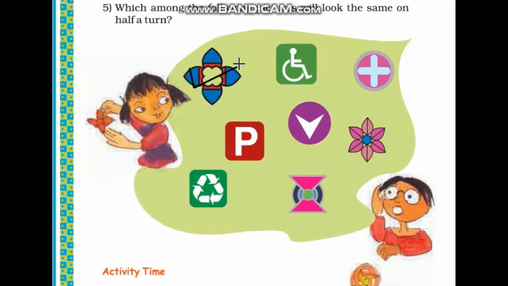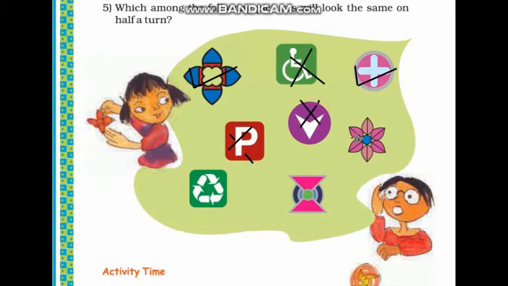So it will look the same on half a turn. Second one, it will not look the same on half a turn. It will change. So, no. Third picture, will it look the same on half a turn? Yes. Now this picture, no. This will not look the same on half a turn. This will also not look the same on half a turn.